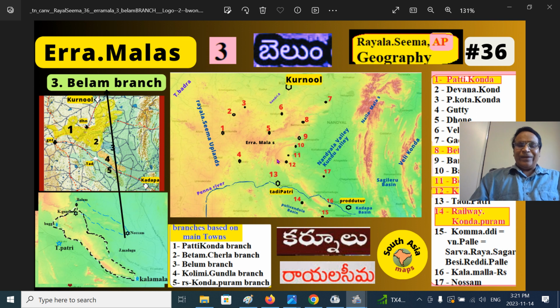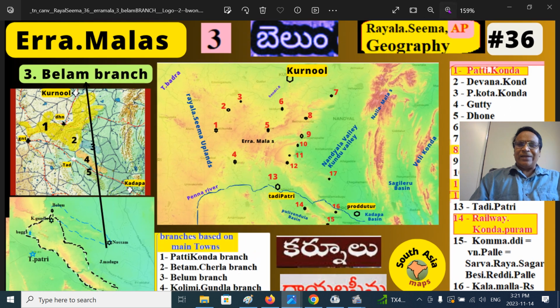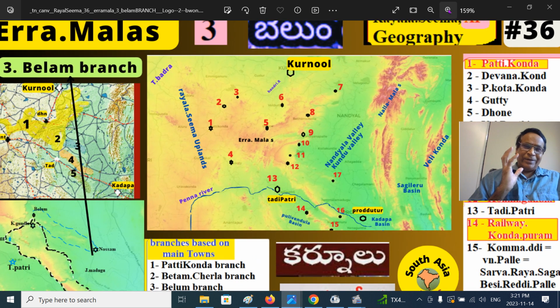Now we are exploring a particular region, the Erramala mountain region of RayalaSeema. This can be considered a sort of microgeography or mini geography. Those people who are residing in the city districts or Telugu states will enjoy it more and will know more about this fascinating region.